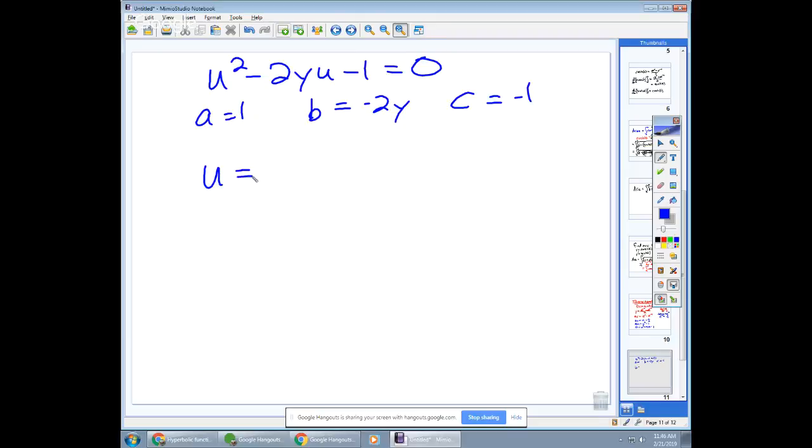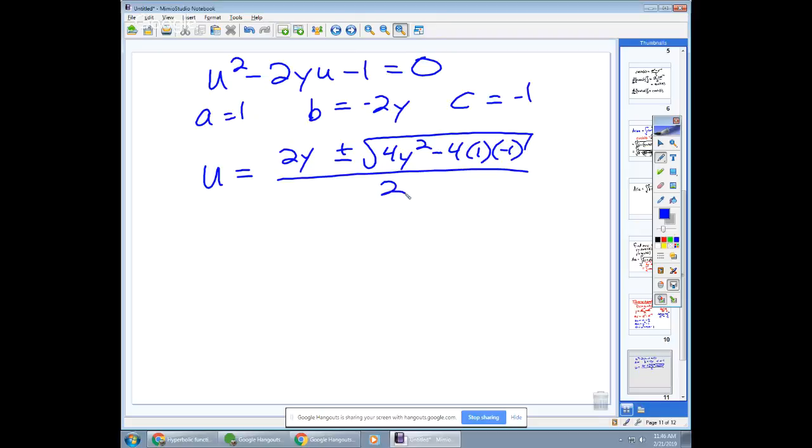The quadratic formula says u equals the opposite of b, so that would be just 2y, plus or minus the square root of b squared, which would be 4y squared, minus 4 times a, which is 1, times c, which is negative 1, all over 2a, which is just 2. Turns out this cleans up quite a bit, but not super.